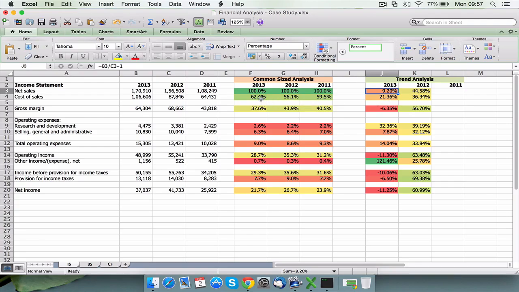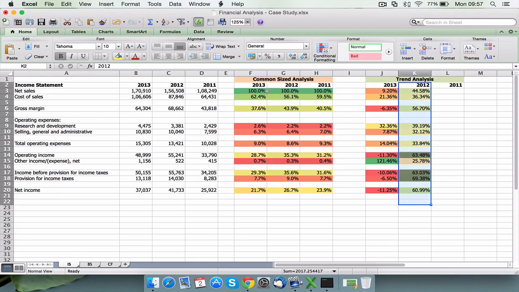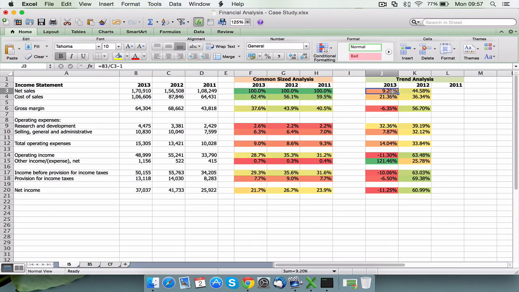At the same time, the costs have gone up in 2013 as compared to 2012. 2012 has been an excellent year because the numbers are really good as compared to 2011. But 2013 has been quite below average because the sales have gone up by only 10%. At the same time, the costs have also gone up at an alarming rate, bringing down the margins at a level much below than what was posted for 2012.